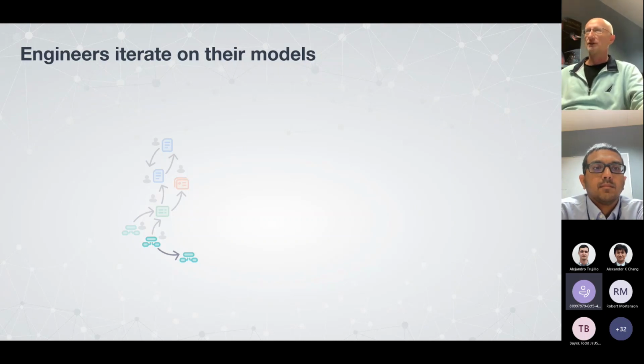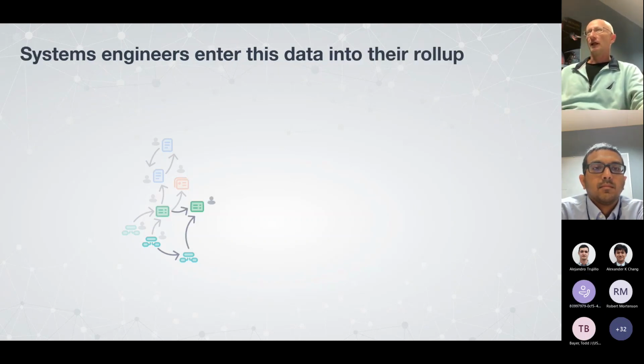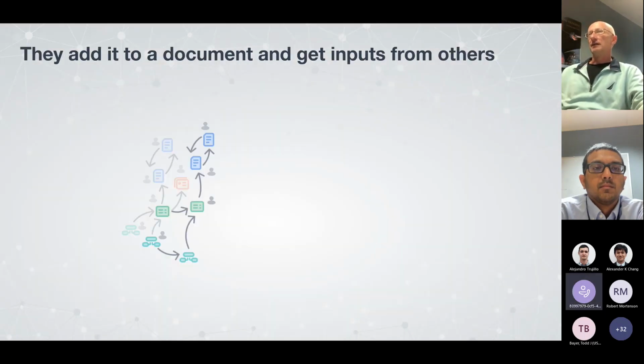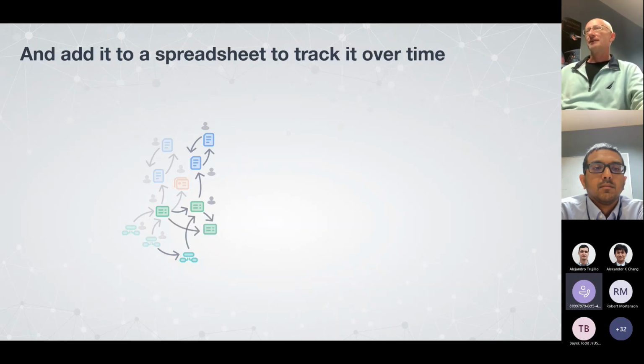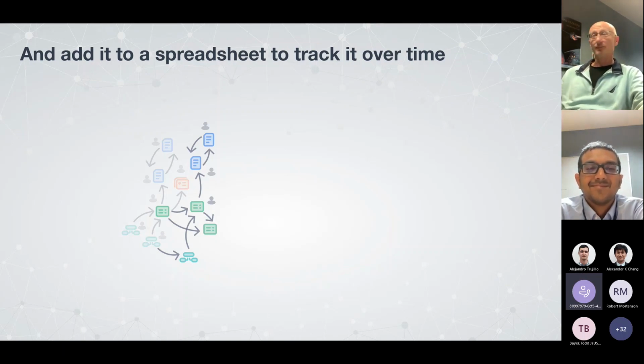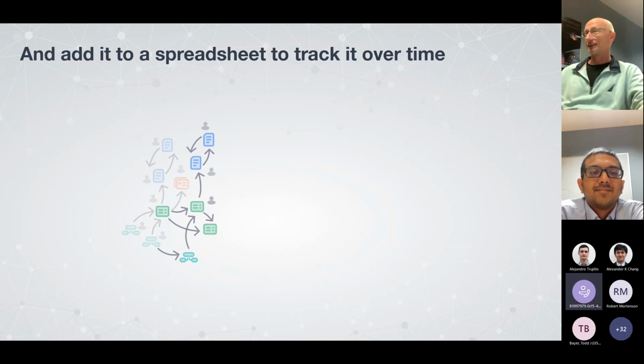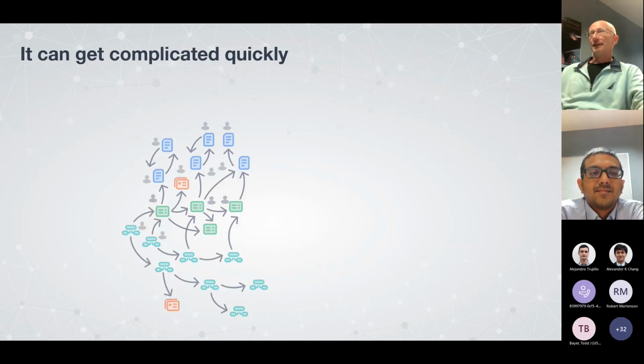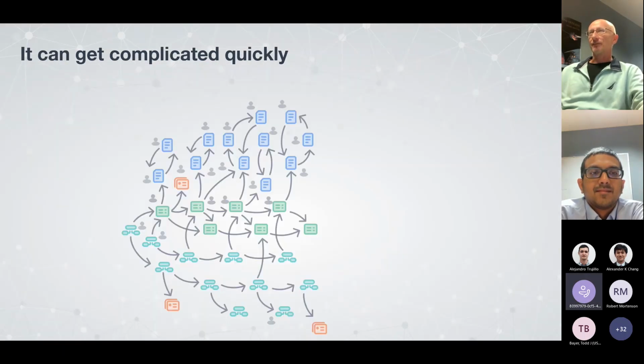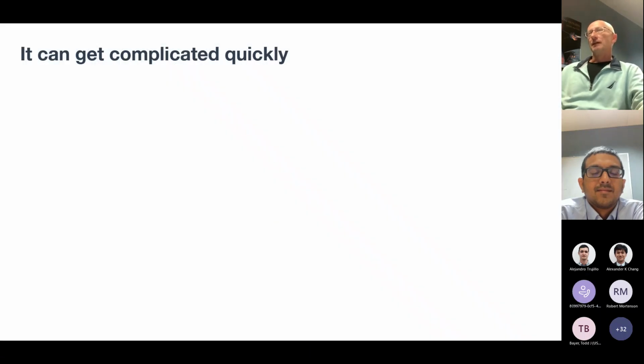And as you go along through the life cycle, the engineers iterate on their models in one way or another, and enter data into the roll-ups, add it to a document and get feedback from others, add it to a spreadsheet, track it over time, send it around, make a change, someone else gets a bunch of other things and has to consolidate them. And so it gets complicated rather quickly, in particular with email and Excel.